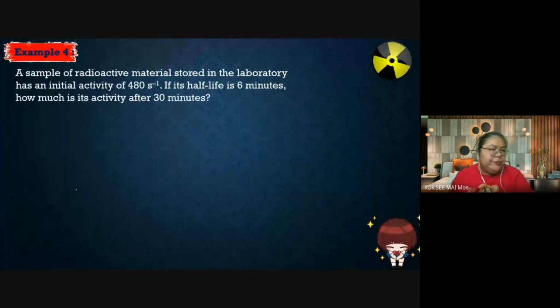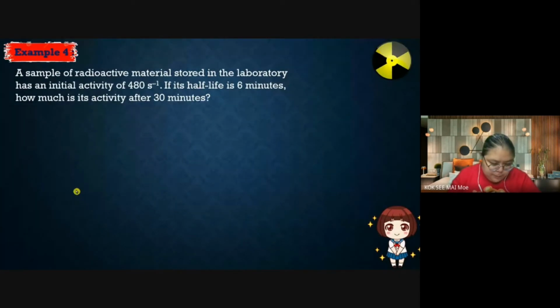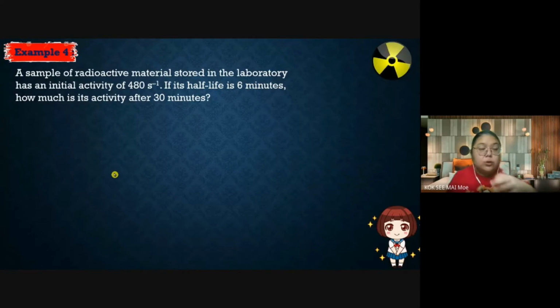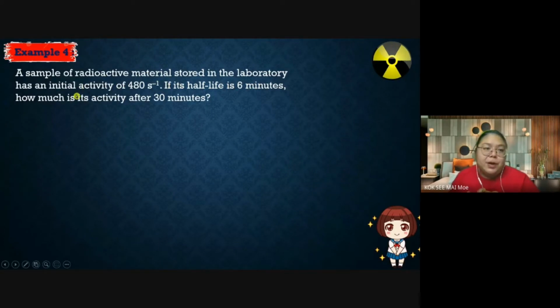Okay, example 4. A sample of the radioactive material is stored in the lab and has an initial activity. Initial means starting. Starting is 480 per second.